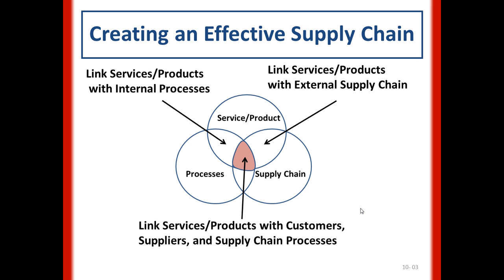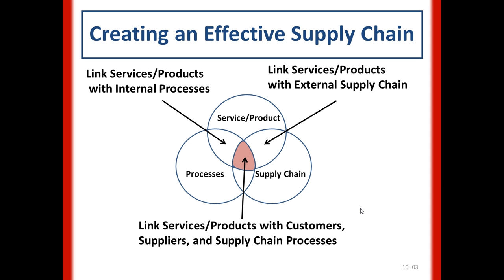To complete supply chain design, this figure shows the three major areas of focus in creating effective supply chain design. When creating effective supply chain design, the organization must focus on three links that form an effective supply chain.